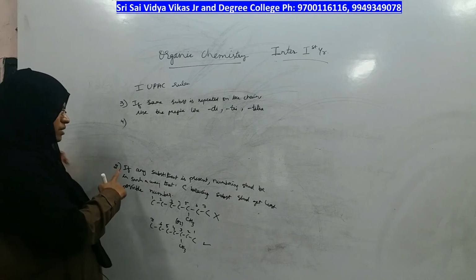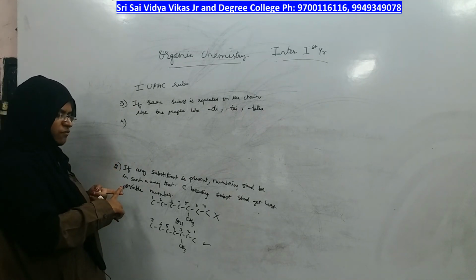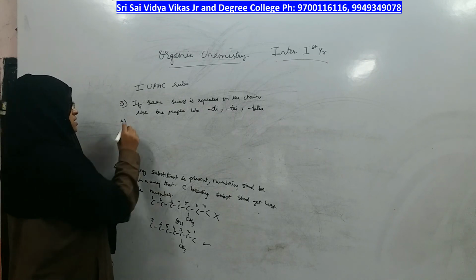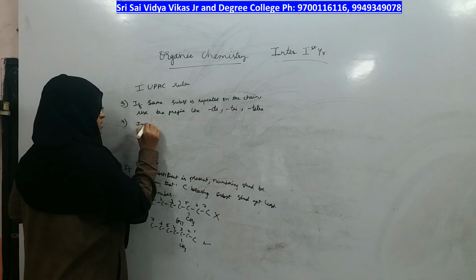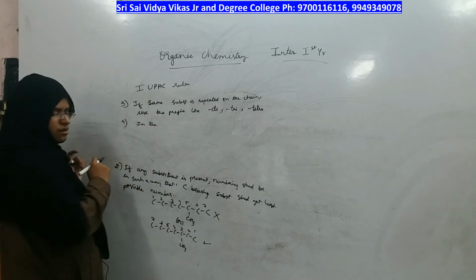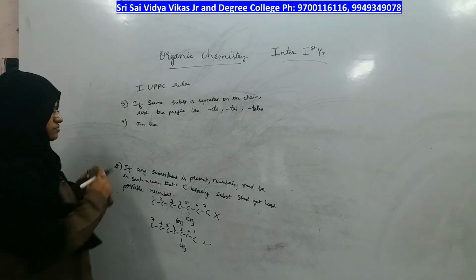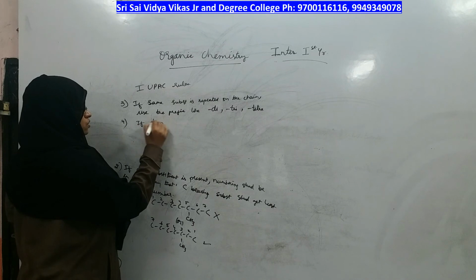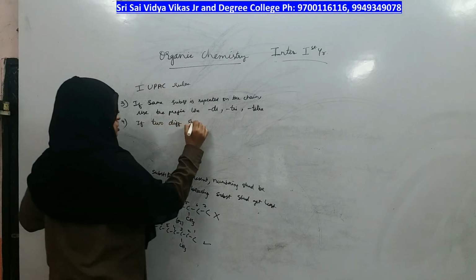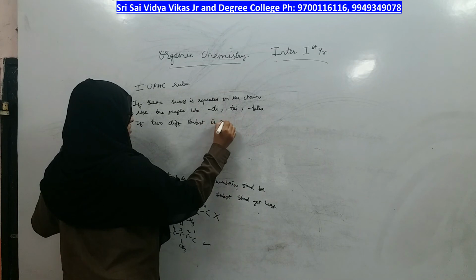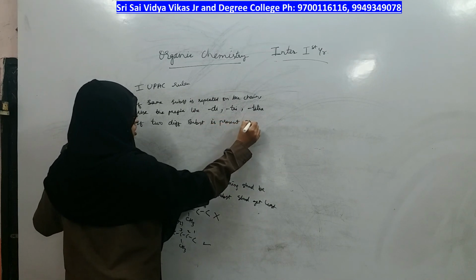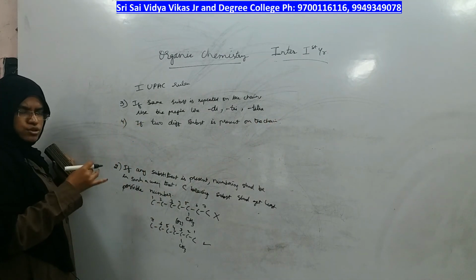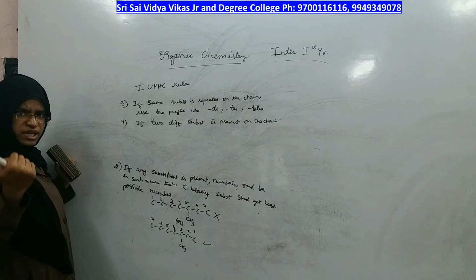Okay. Now whenever you are doing numbering, which type of numbering is correct? The carbon bearing a substituent should get the least possible number. Okay. Now in the compound, if two different substituents are present on the chain, who should come first in the name, who should come next in the name, you should be able to select them, right?